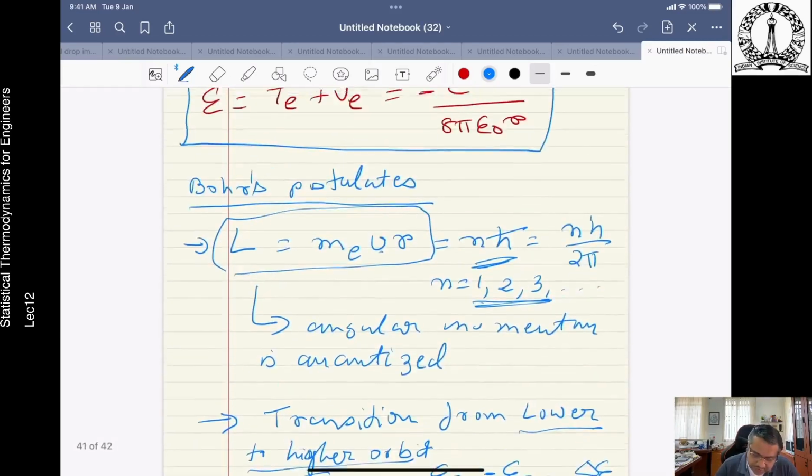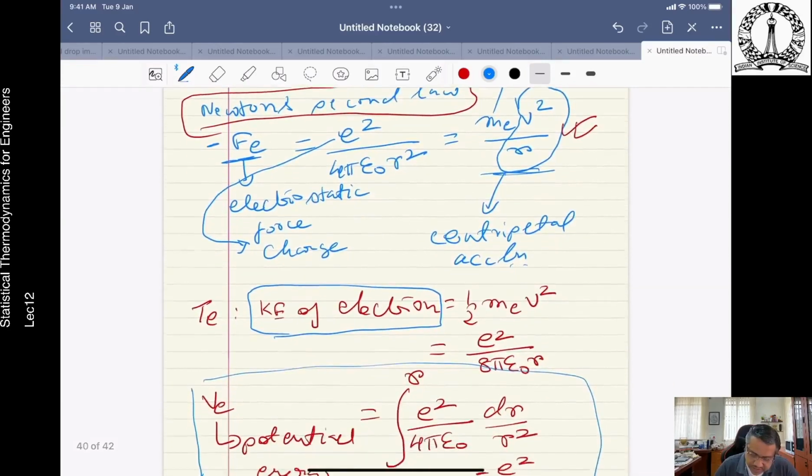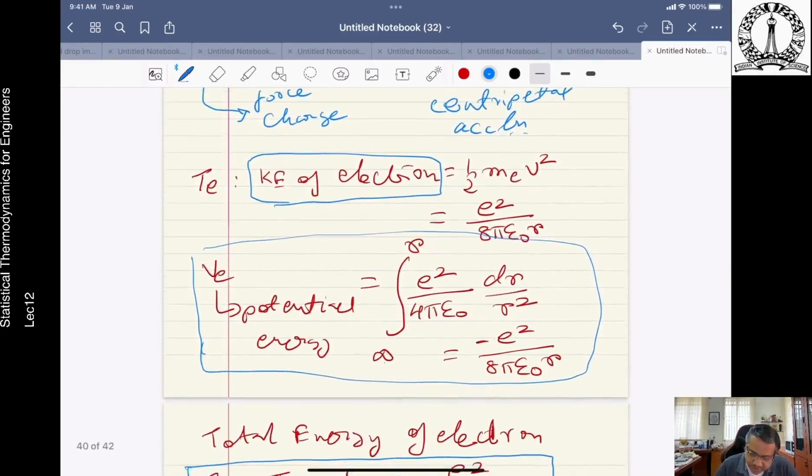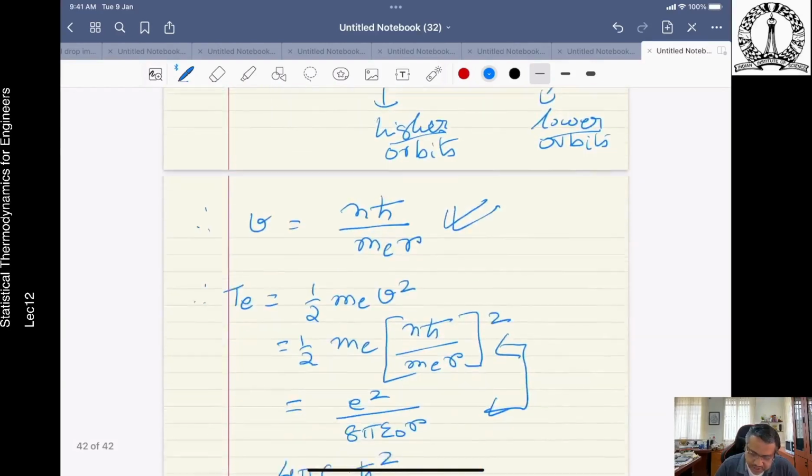So this additional form, if you look at it here, from here it was not quite evident how the quantization comes into the picture.